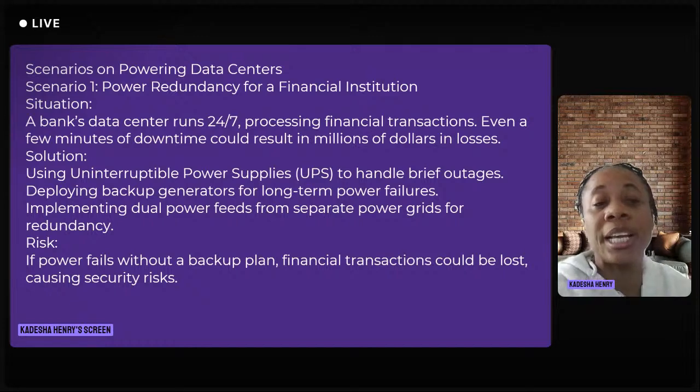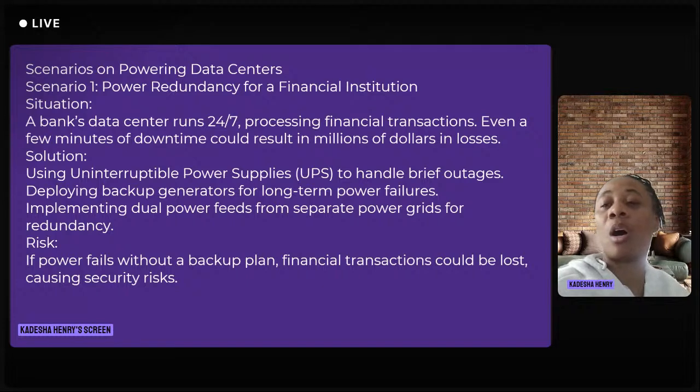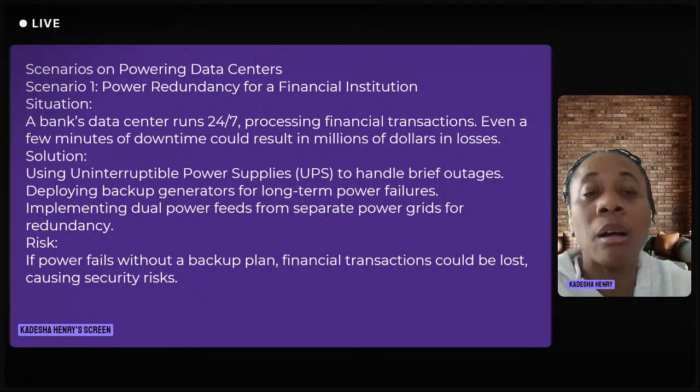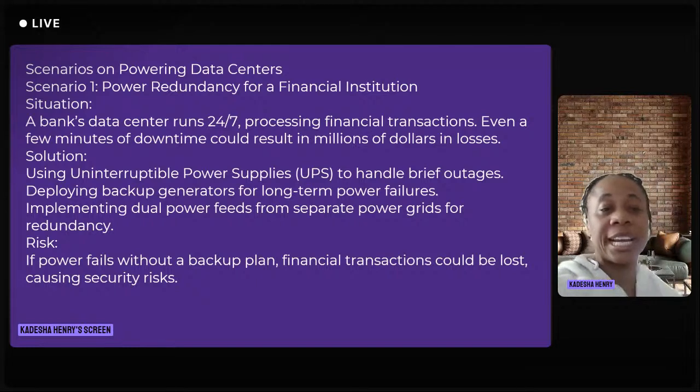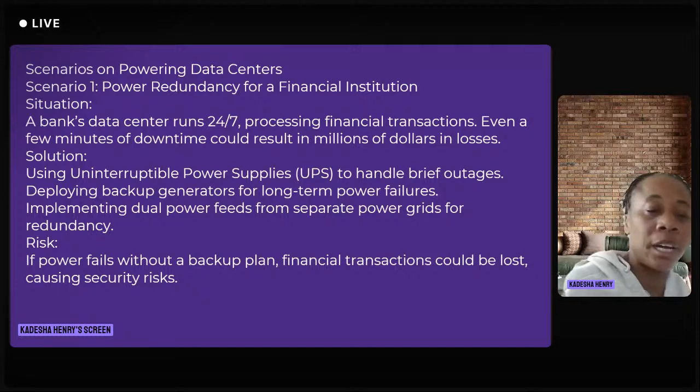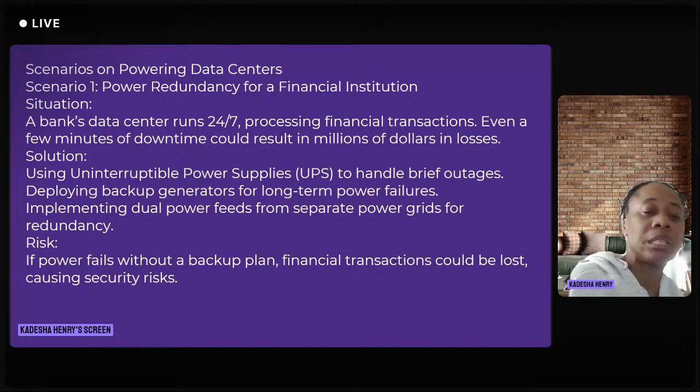So the solution is to use uninterrupted power supplies to handle brief outages, deploy backup generators for long-term power failure, and implement dual power feeds from separate power grids for redundancy.